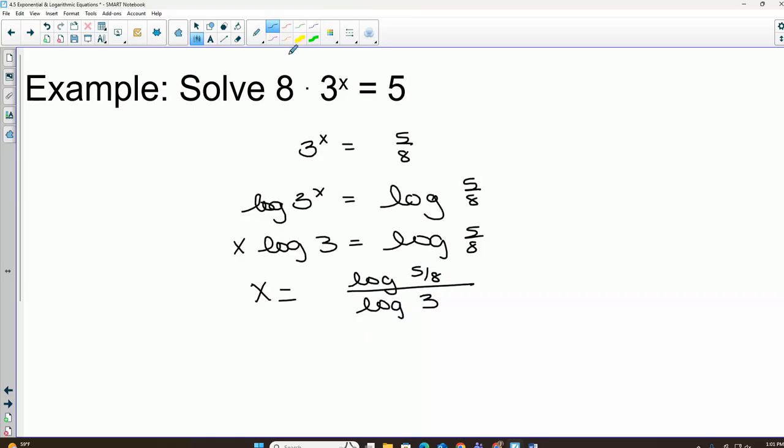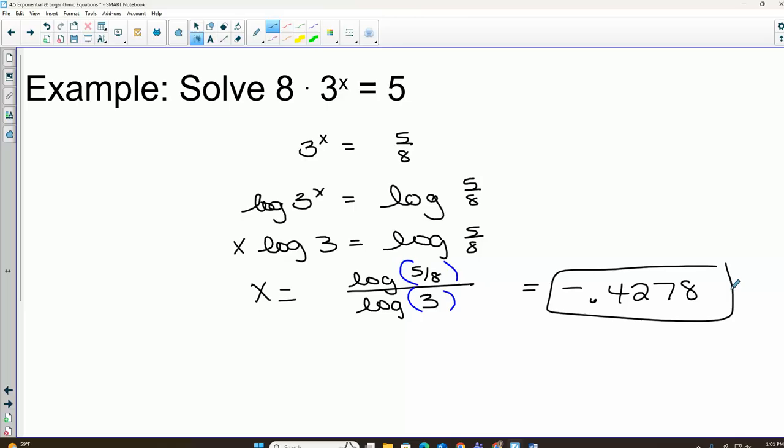Make sure you close your parentheses. You can always check by plugging it back into the original.